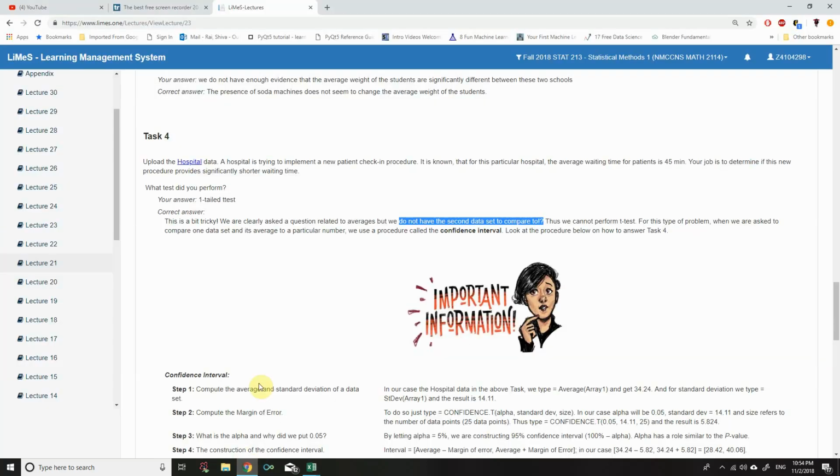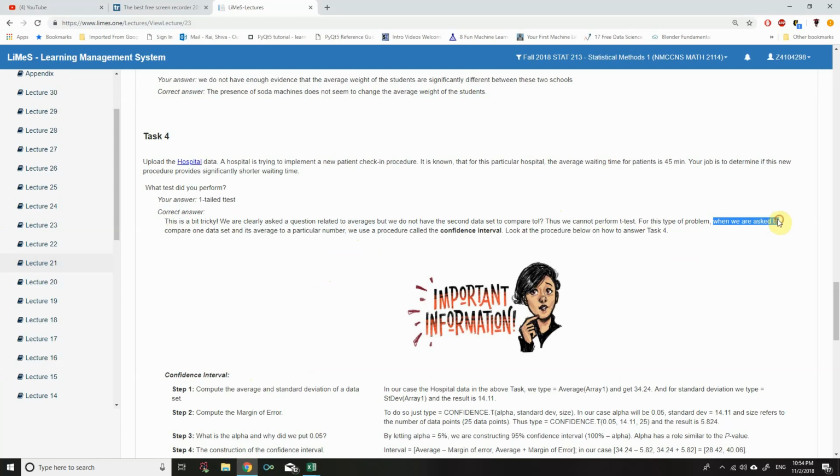We cannot perform a t-test for this type of problem, when we are asked to compare one data set and its average to a particular number. We use a procedure called confidence interval. So please read this properly.